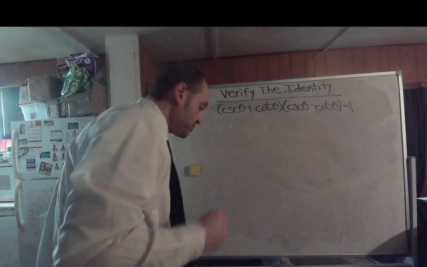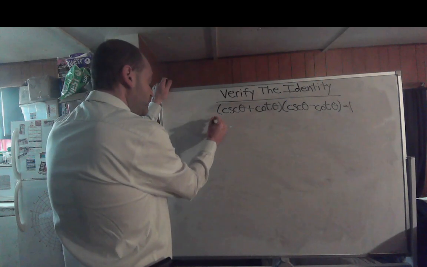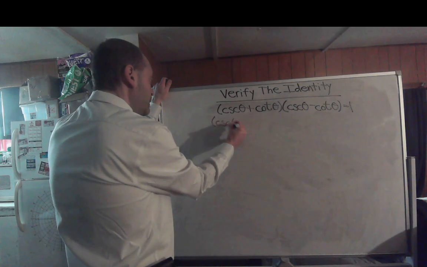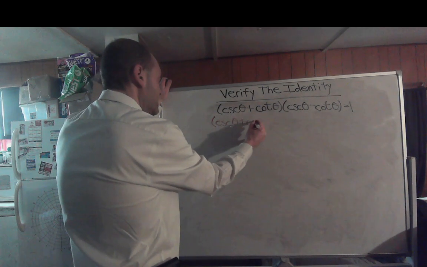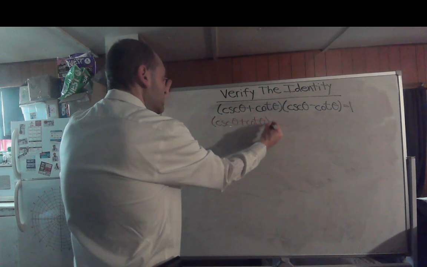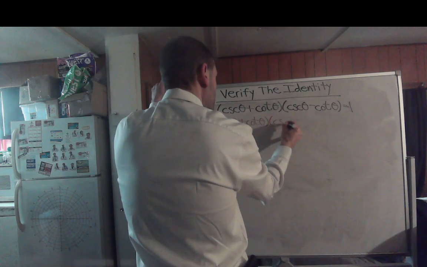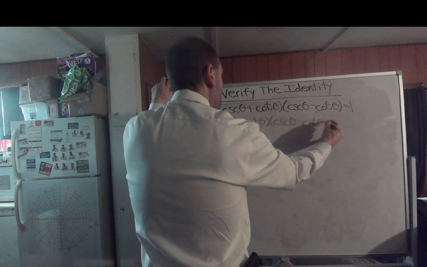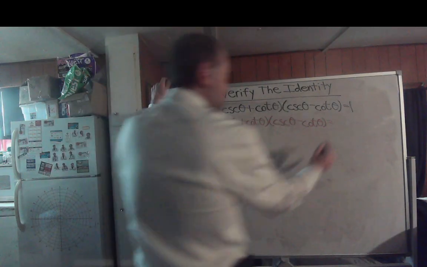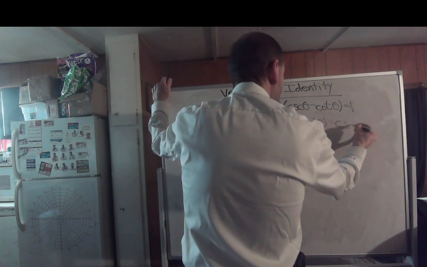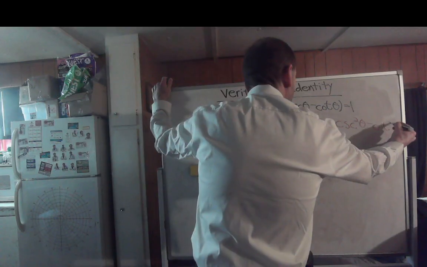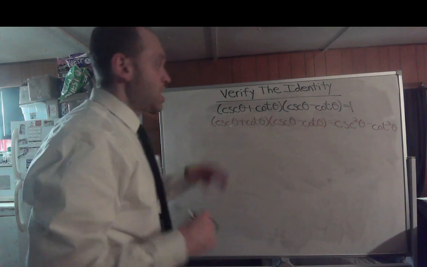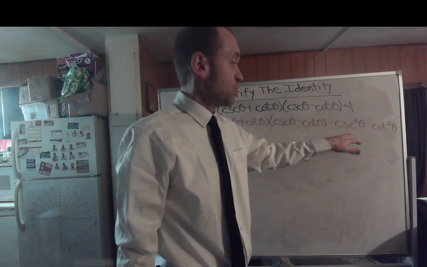So let's write out that left-hand side again to verify. So this would be the cosecant of theta plus the cotangent of theta times the cosecant of theta minus the cotangent of theta. Now, we can FOIL this out. You'll simply end up getting the cosecant squared of theta minus the cotangent squared of theta. All right, so what is the cosecant squared of theta?